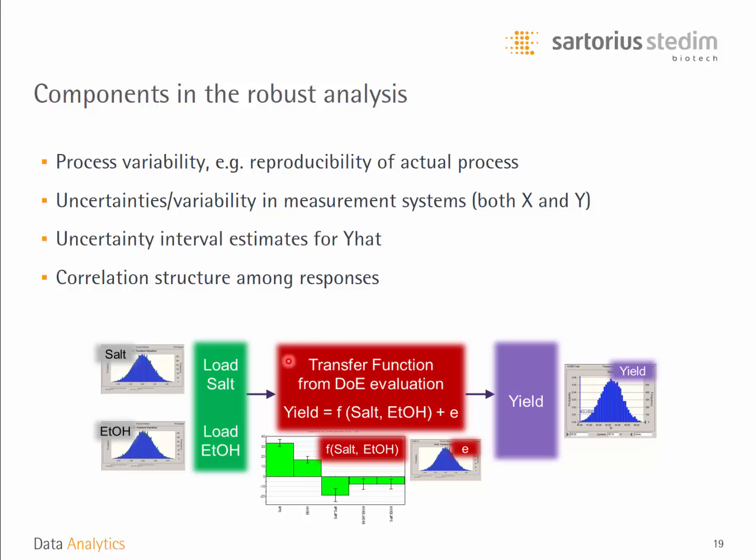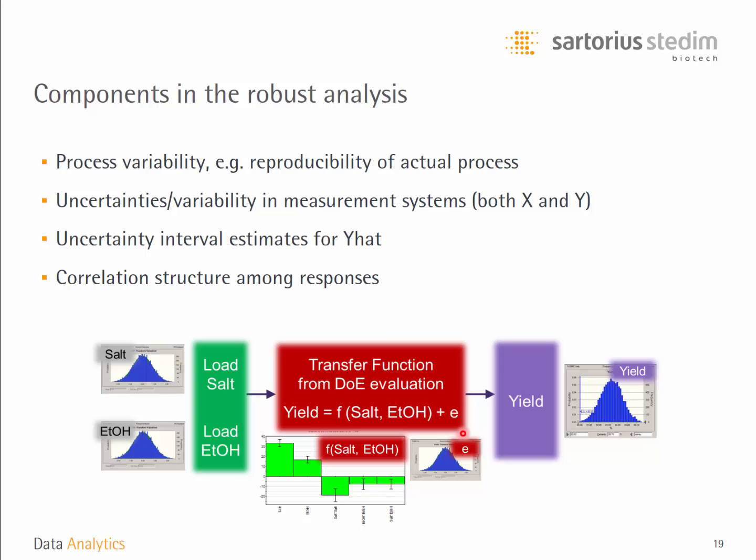So all in all, what we are doing is symbolically summarized by this little scheme, this little graphic. We have uncertainties in the factors. Through a transfer function, which is the regression model, we are estimating a prediction for the response, and by also considering that the model is never fully perfect, we can have a residual standard deviation in the model, and we may also have some flaws in terms of the configuration of model terms in the model.